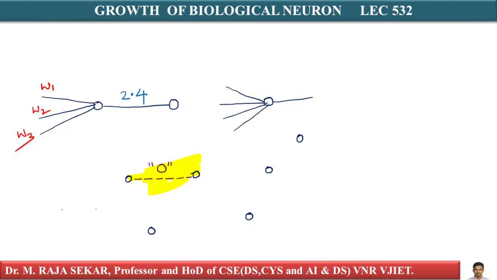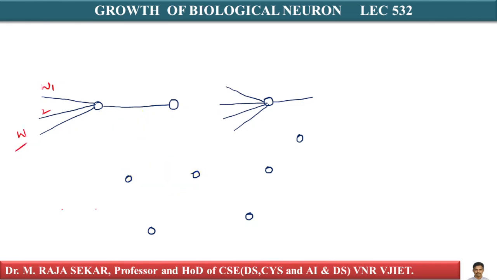The weight of this particular connection is 2.4, so it is connected. Let's say there is another connection with a weight of 4.8. So with more weight, there is a more thickly connected edge.